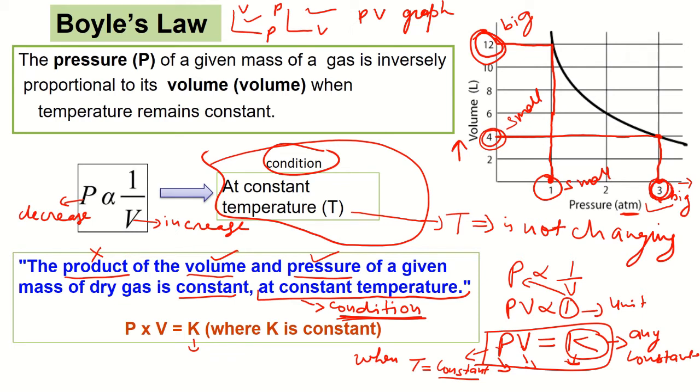Now if you see this 3 value, this is 3 atmosphere and this is big. At the big pressure the value of the volume is coming small, and when the pressure is small, then the volume is coming big. See this one.